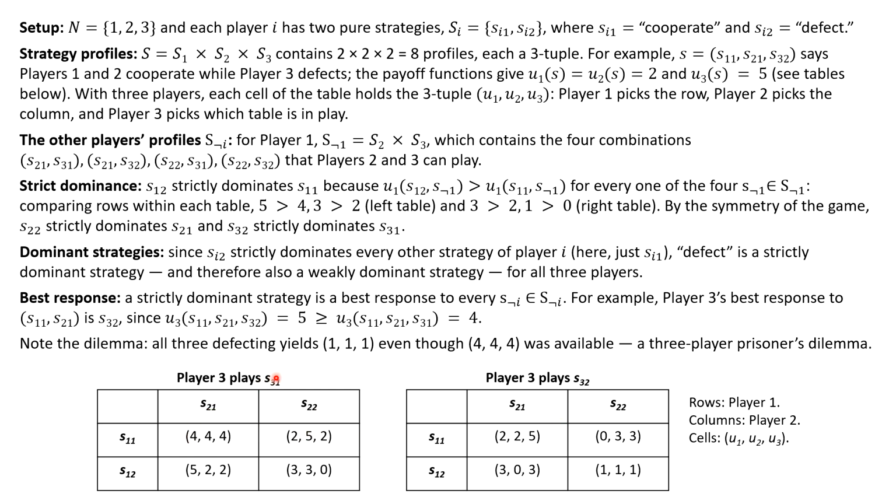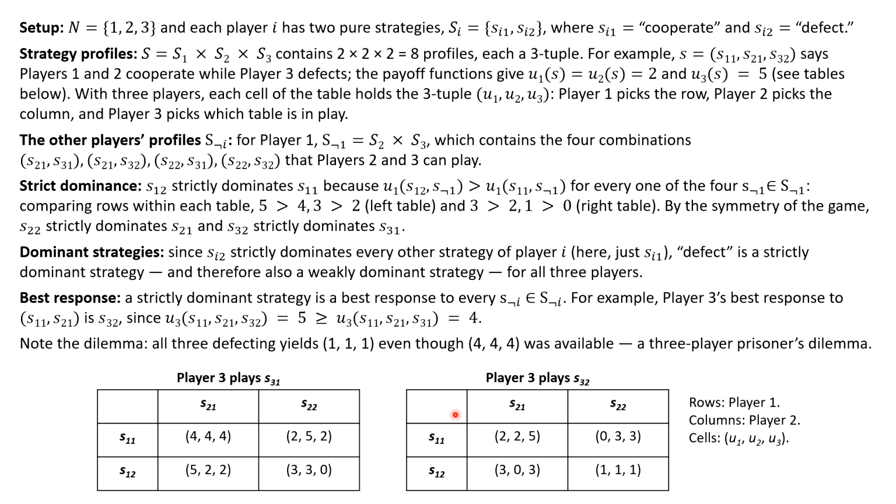You notice here we have one of the possible plays for player 3, and then we show the combinations for players 1 and 2 in the context of player 3 making the play 1, which is basically cooperate. And then we have a second matrix where player 3 takes option 2, in other words, it defects, and then we show all the options for players 1 and 2 relative to player 3.